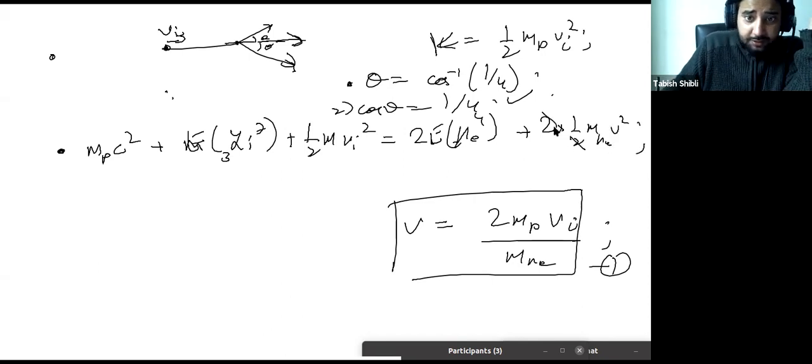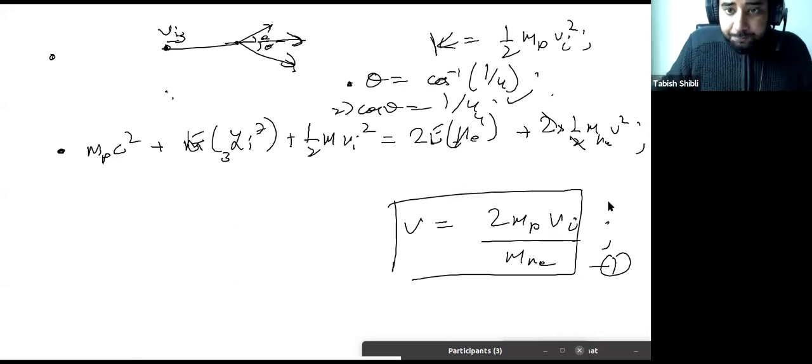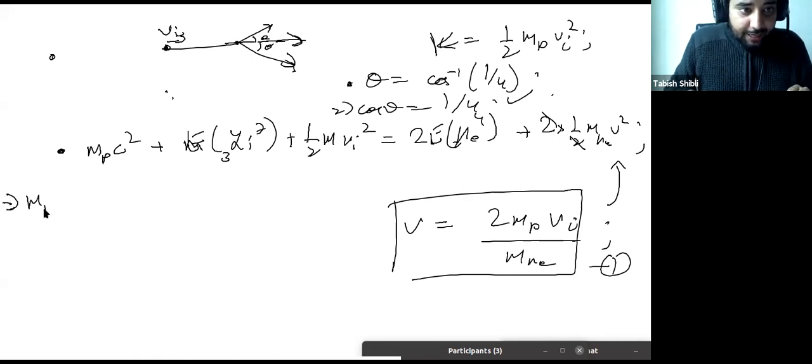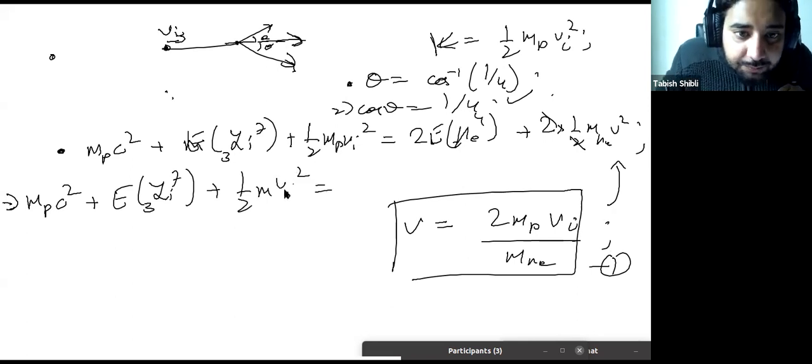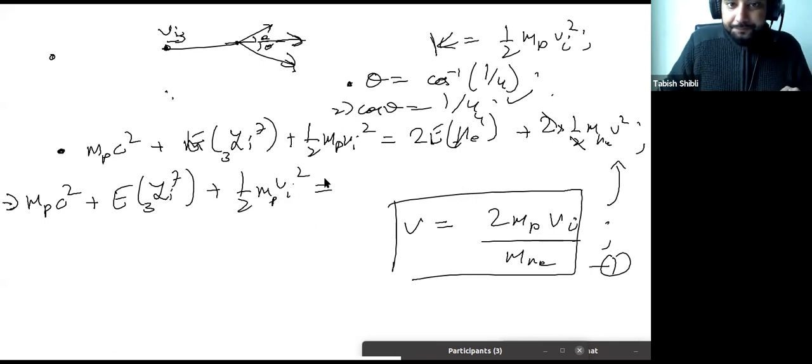So the two cancels out. Okay, so let's just put the value of v from the equation 1 inside here. What you get? You get mp c squared plus the energy of lithium 37 plus half mp vi squared is equal to, what is this m? This is mass of the proton, right? This is mp.